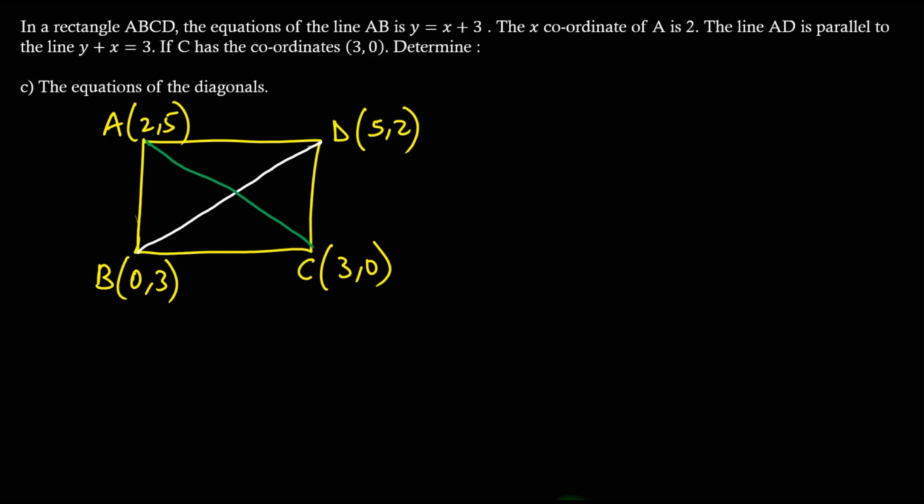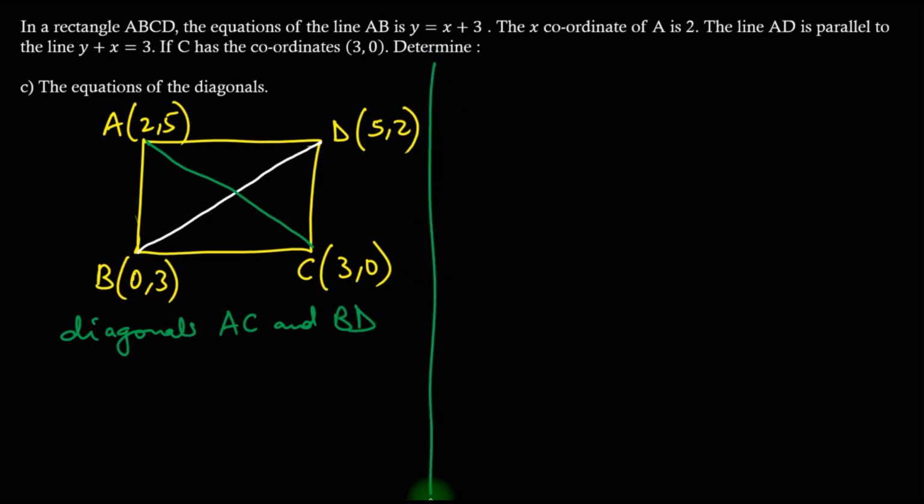So in our case here, consider diagonals AC and BD. That is our aim. We need to find the equation of AC, and for us to get the equation of AC, we need to find the gradient of AC. The gradient is change in y over change in x.